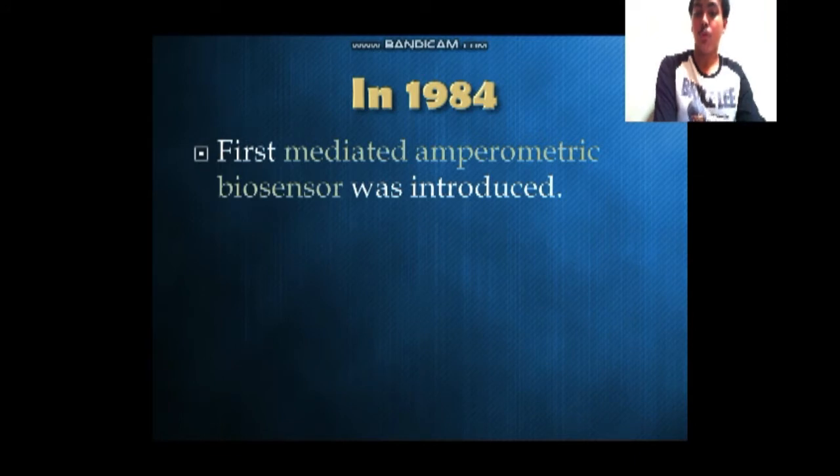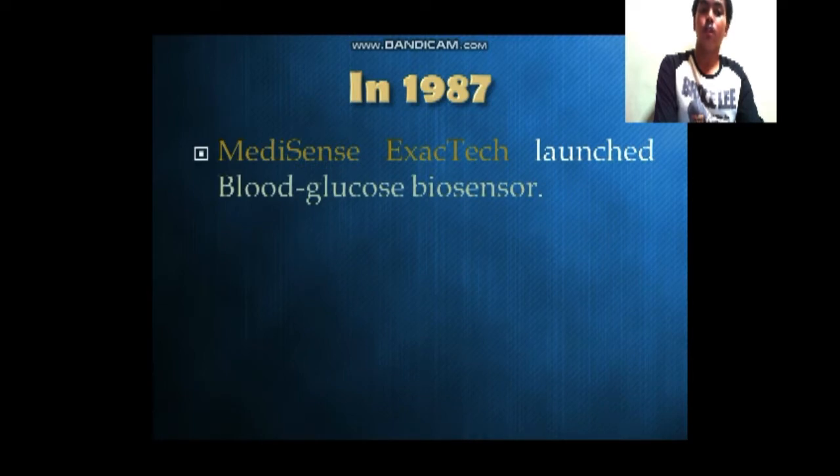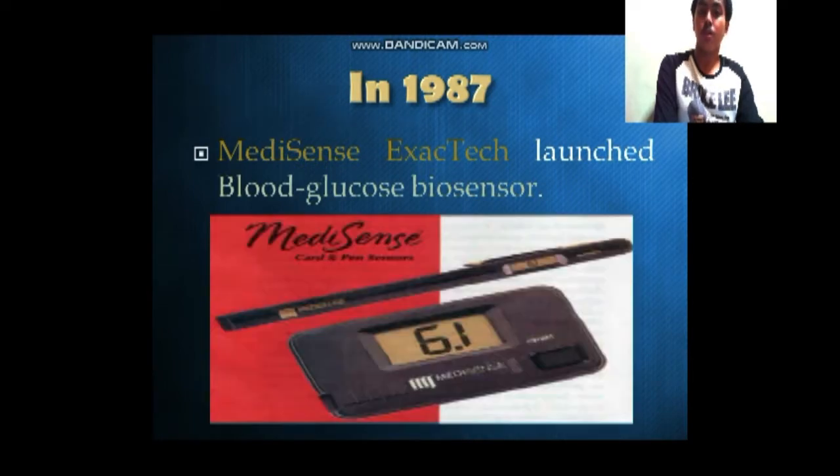Ferrocene was used with glucose oxidase for glucose detection. In 1987, Medisense's ExacTech launched a blood glucose biosensor and a pen-sized version of it. This is an example of the product.